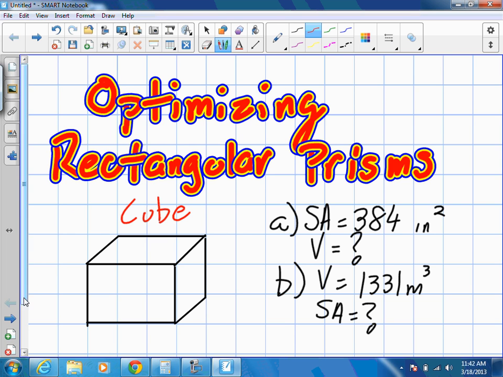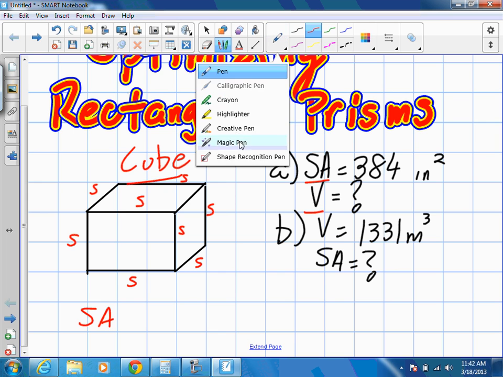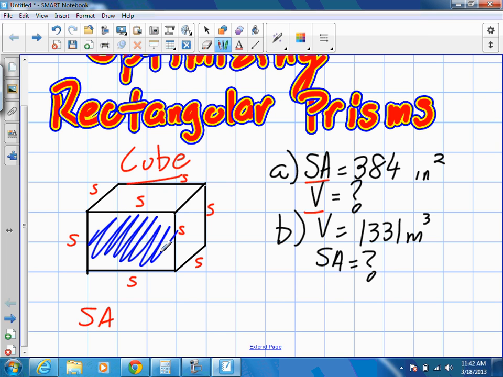So let's talk about the formulas to find the surface area and the volume of a cube. Now the cube, all of the sides, so I'm going to call this side S, they're all going to be the exact same length, no matter what I call S. So surface area is when we find the area of all the faces and add them together.